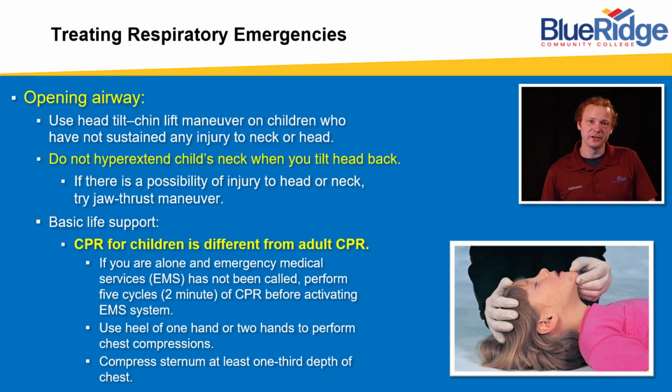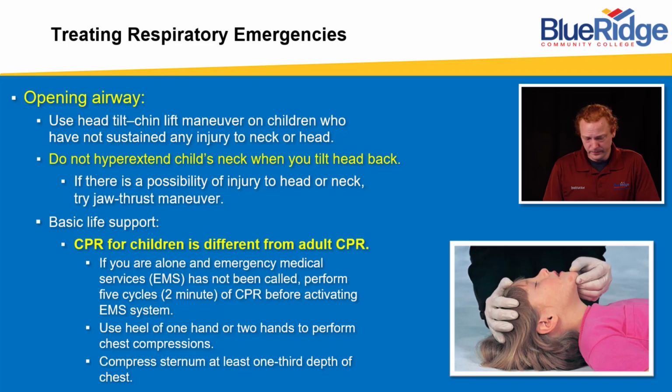Do not hyperextend the child's neck when you tilt it back, and use a neutral or slight sniffing position. Place a folded towel under the child's shoulders to help maintain that position. Children's heads are also proportionately larger compared to their body than, say, in an adult. If the possibility of an injury to the head or neck exists, try the jaw thrust maneuver or the modified jaw thrust maneuver.